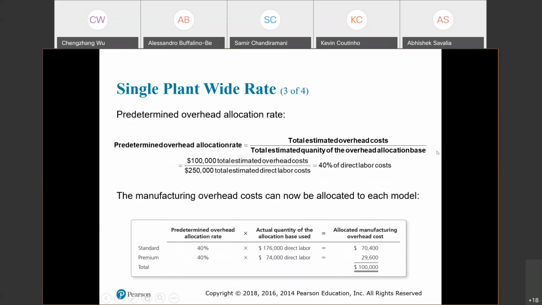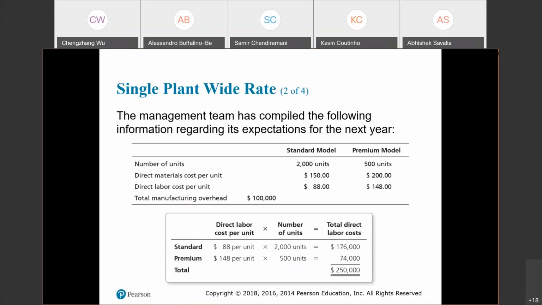And then we use the total estimated overhead cost, which is $100,000, divided by the total estimated quantity of the overhead allocation base, which is $250,000, which was calculated in the previous slide. $250,000 right here.